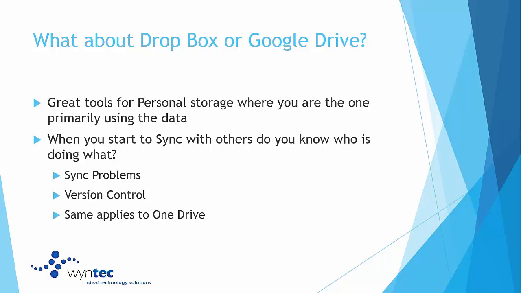And as you try and scale that, with multiple people accessing it and syncing that data across multiple machines, you start to run into a lot of problems. SharePoint alleviates all that by having everything as a single point of contact. One file, one version, everybody working on it, and that's the key difference.